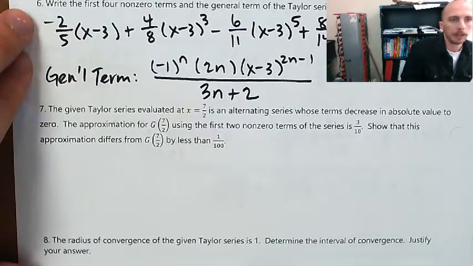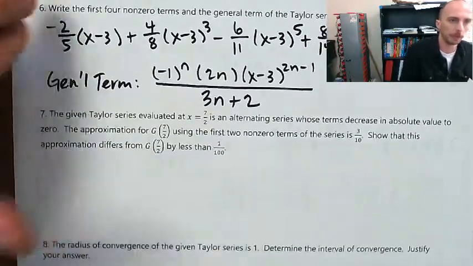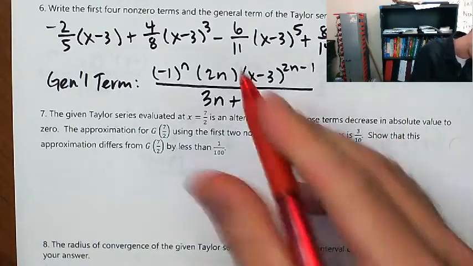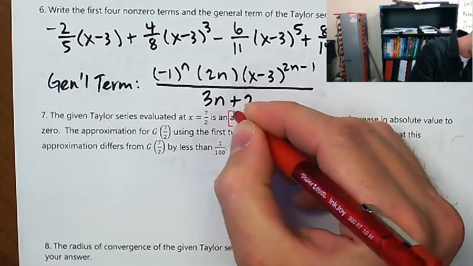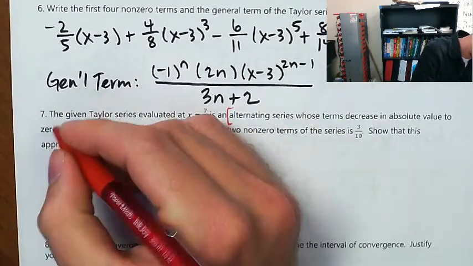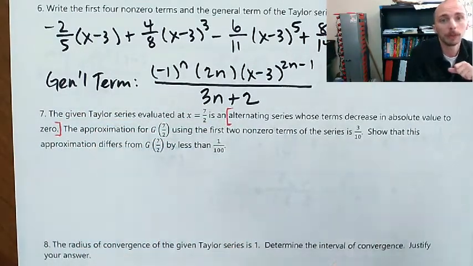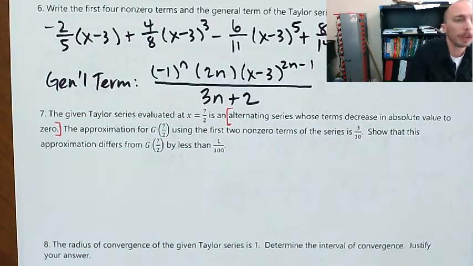Now, the given Taylor series, evaluated at x equals 7/2, is an alternating series whose terms decrease in absolute value to 0. Like I've said before, when you see that in the statement of the question, that means you're about to be doing the alternating series error bound. So the approximation for g of 7/2 using the first two non-zero terms of the series is 3/10.